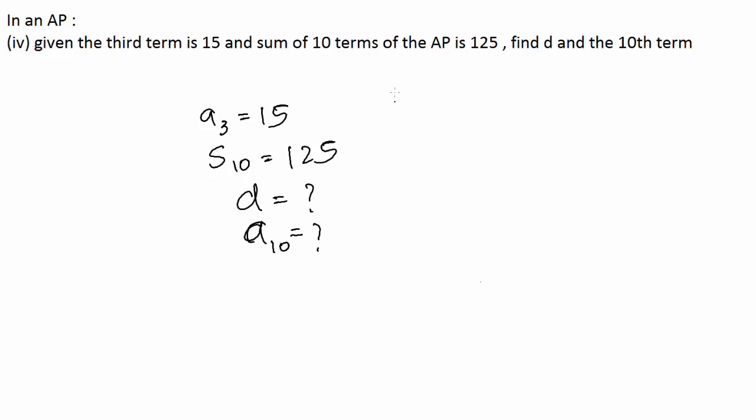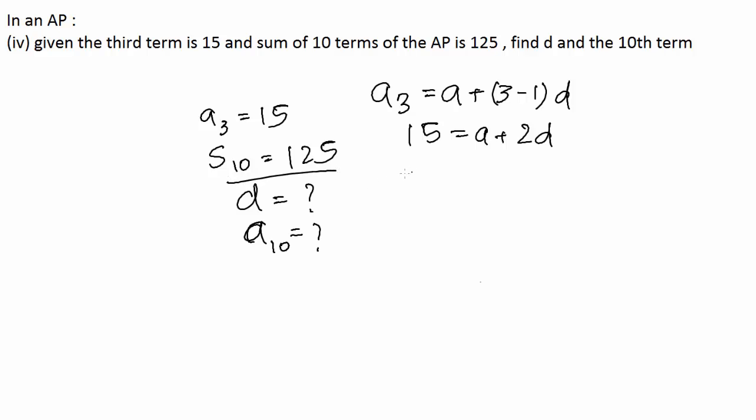Okay, so we're going to be using this. A3 is equal to a plus n minus 1 into d. What's n? 3 is n, so 3 minus 1 into d. So 15 is equal to a plus 2d.